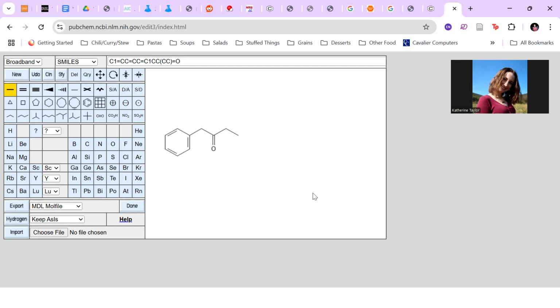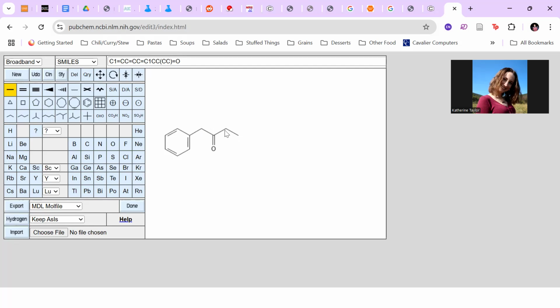So the molecular formula is correct. If we compare to what we had on our last slide of the presentation, this is a ketone. It has a carbonyl with two carbon groups on either side. It has an aromatic ring. It has two CH2 carbons. It has one CH3 carbon. And then in terms of neighboring hydrogens, for the CH2 and CH3 carbons, we can see that this CH2 that's between the phenyl group and the carbonyl carbon does not have any neighboring hydrogens, so that does explain that singlet peak that we saw.